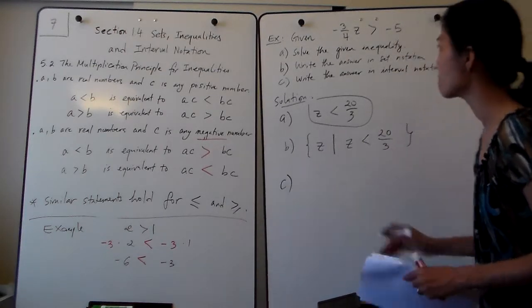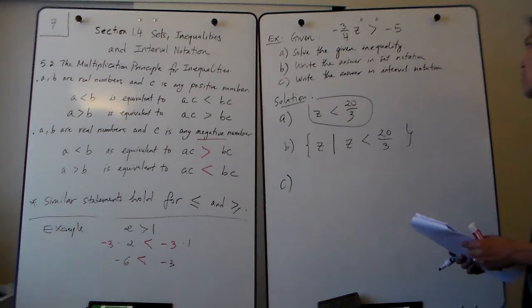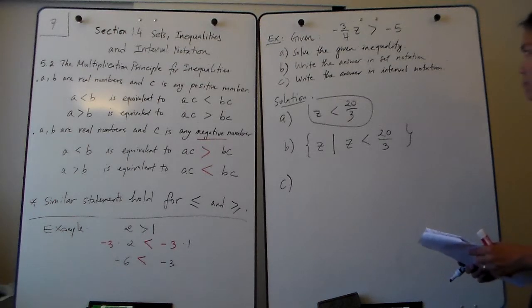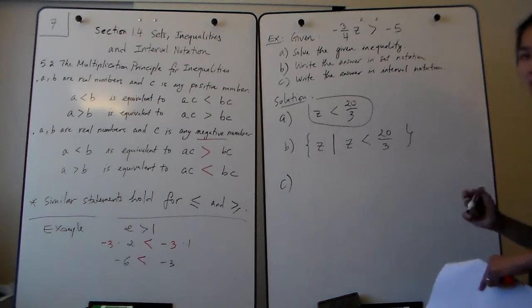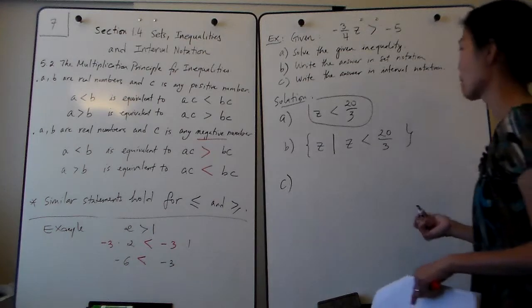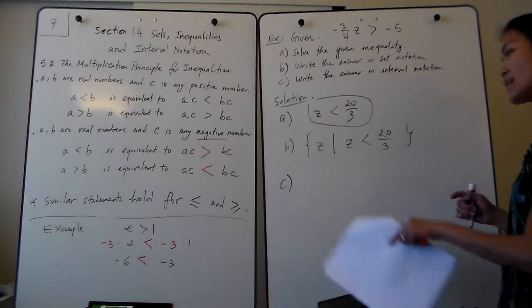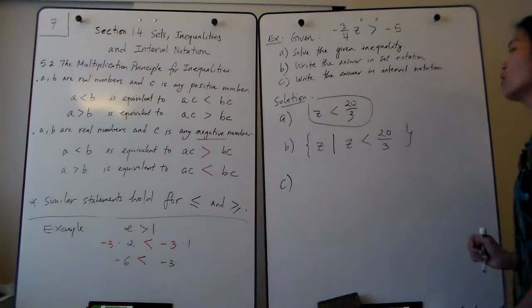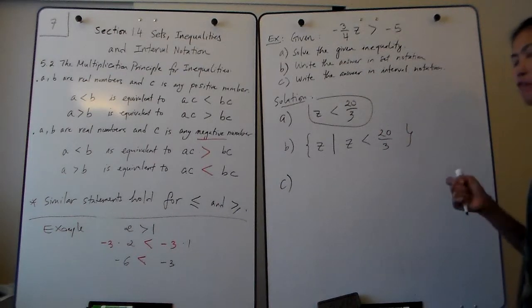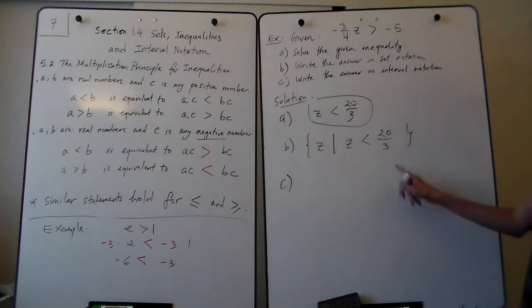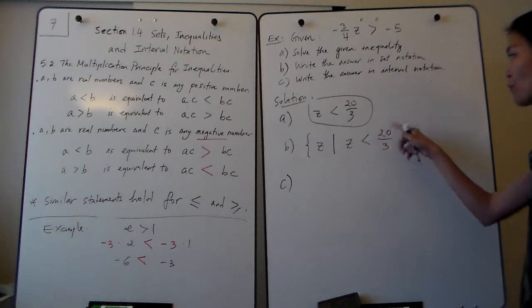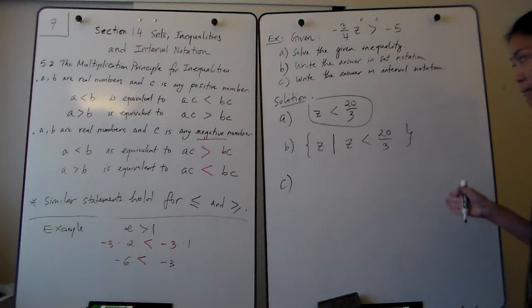For part C, write the answer in interval notation. Interval notation involves parentheses and brackets. So z is less than 20 over 3, approaching to the left, right? So we're going to use negative infinity for the left-hand side. That means 20 over 3 is the right endpoint.